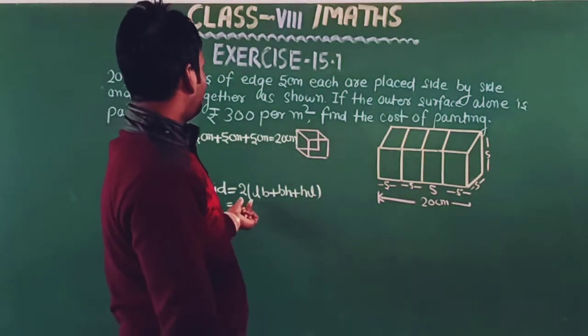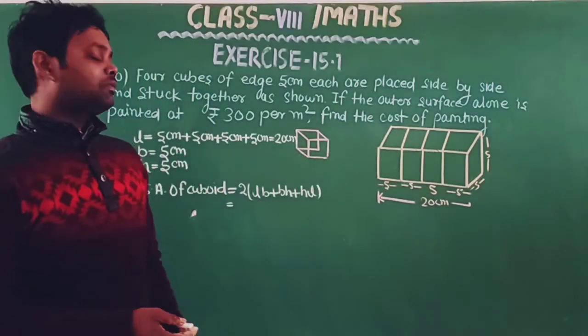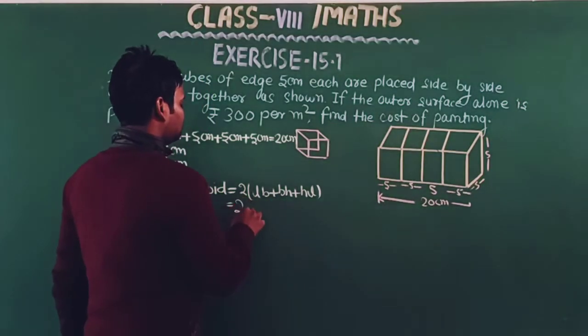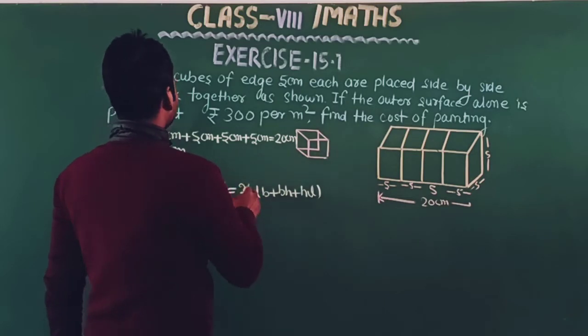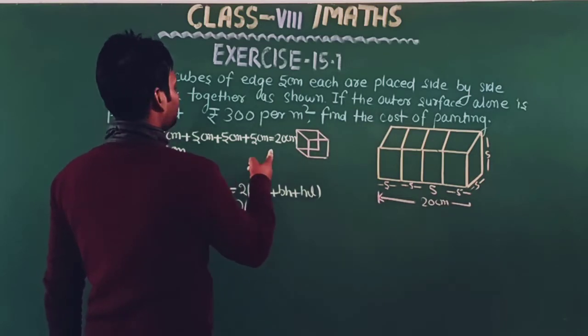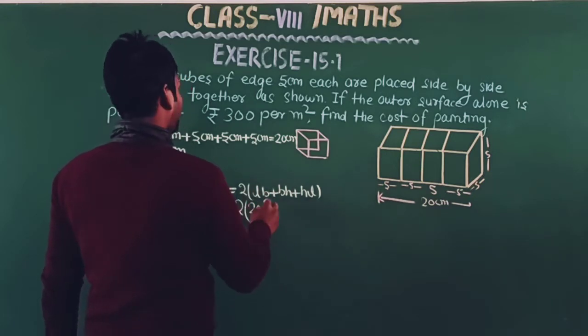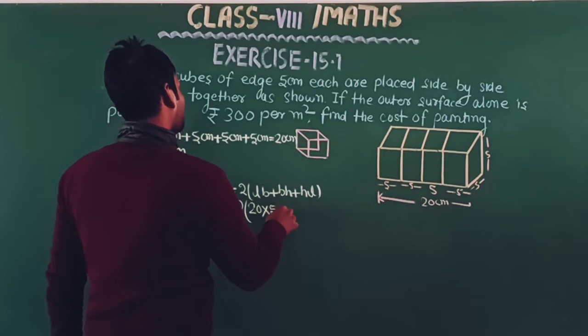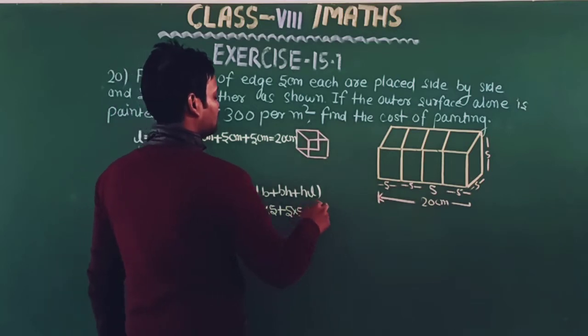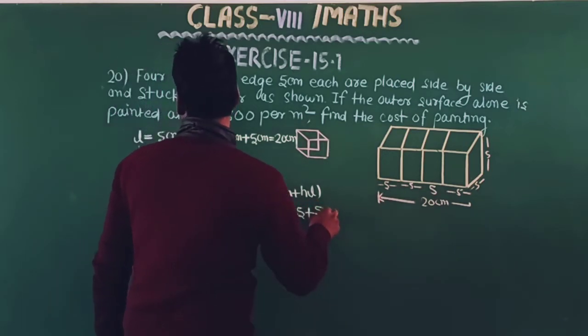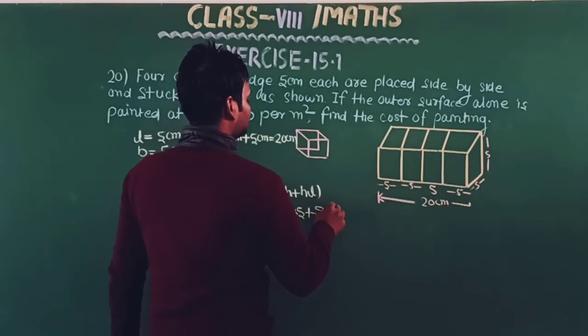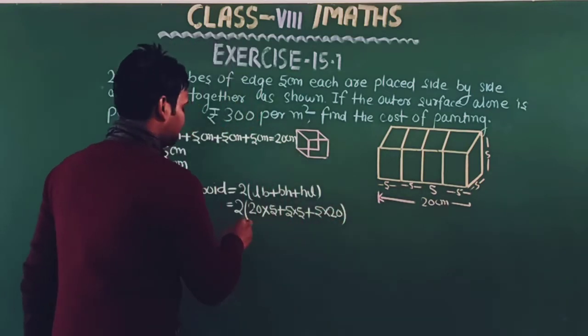Now substituting the value of the dimensions: 2 into, length is 20 into breadth 5, plus breadth 5 into height 5, plus 5 into length 20.